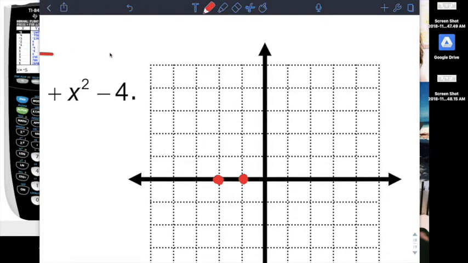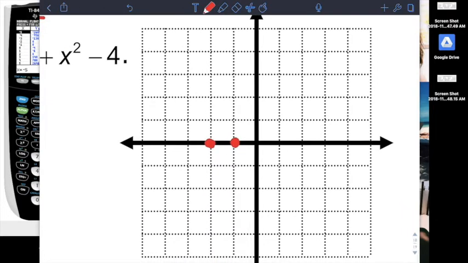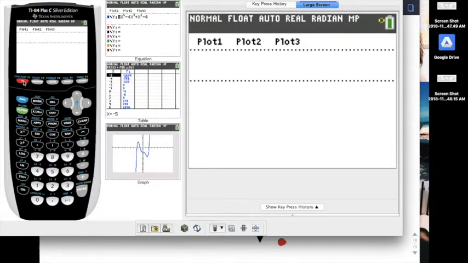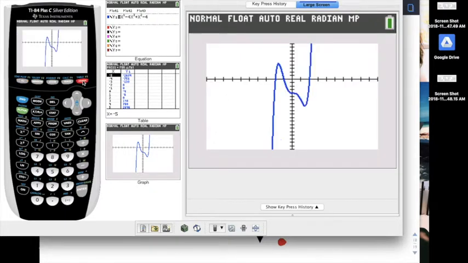We had, what do we got? 0, negative 4. 1, negative 6. So a little bit off the graph. And then apparently it shoots back up to 2, 0. And yep, all right, so that's that there. I'm going to relook at the graph just to kind of get the sketch. And then I'm going to copy that over.